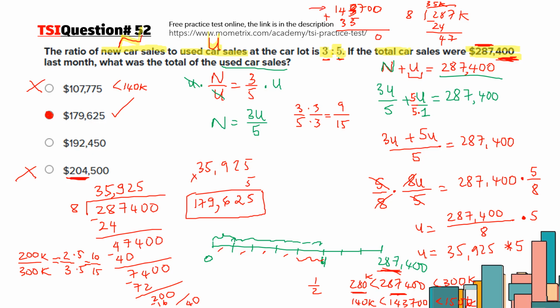This is the halfway, 4 parts. And then when you divide like this, you estimate 1 part. Okay, so you add them up, you have 5 parts of the used car. So this one will be about 178,700. Okay, so the closest one is B, 179,625. That is the closest one.